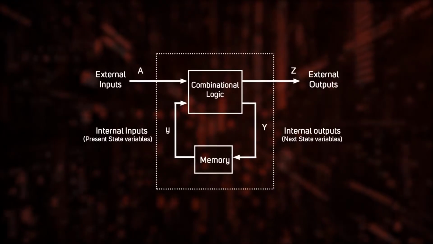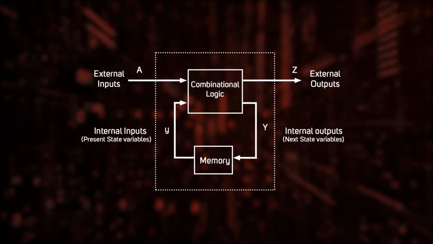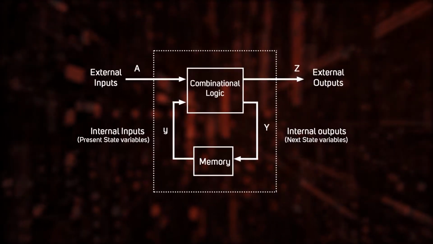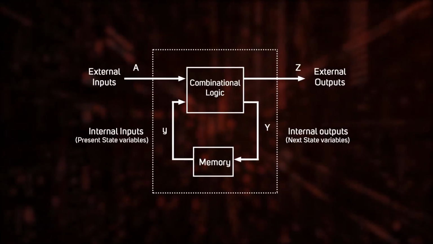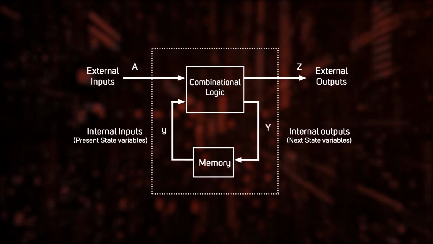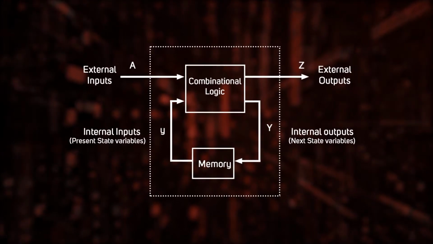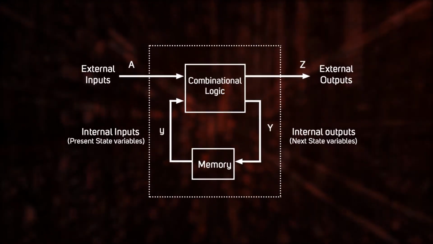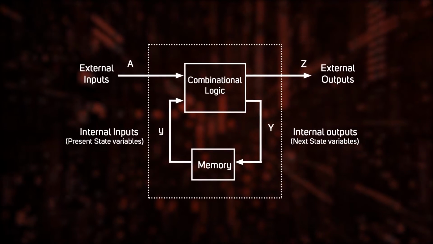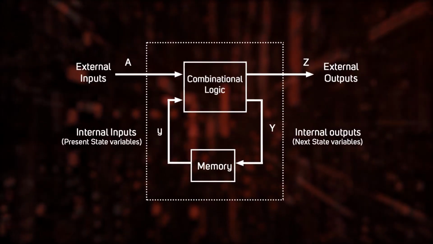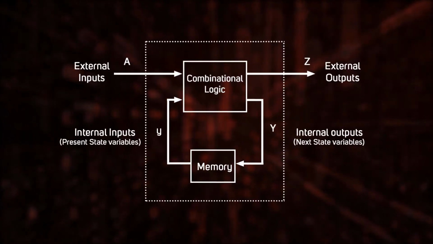What is the impact of the instability caused in the circuit? Recall the block diagram of a sequential circuit. There is a feedback path from the memory element back to the combinational circuit. If this memory element, in this context we are using the flip-flops, is triggered by the level of the clock pulse, then as long as the clock pulse is high, there will be continuous application of inputs from the combinational circuit to the memory element.